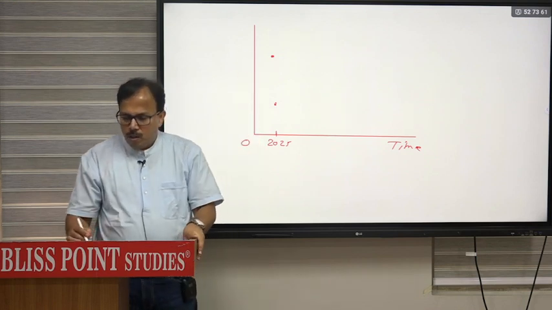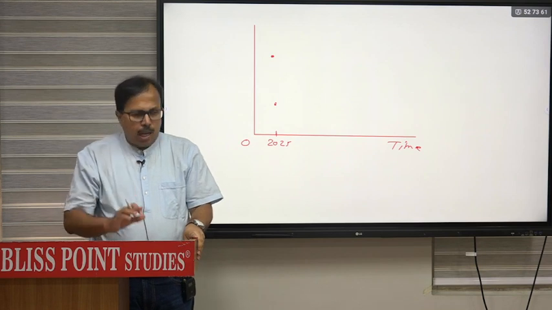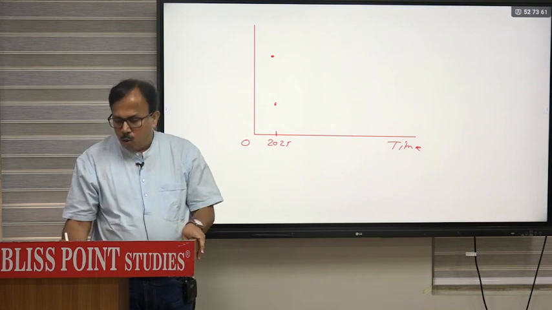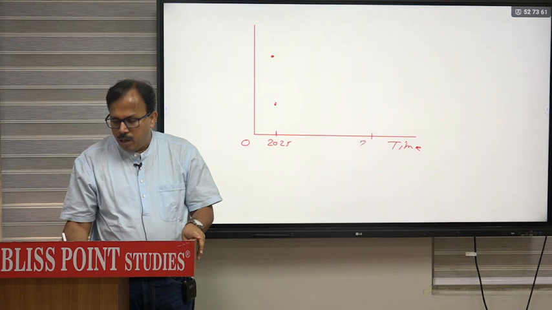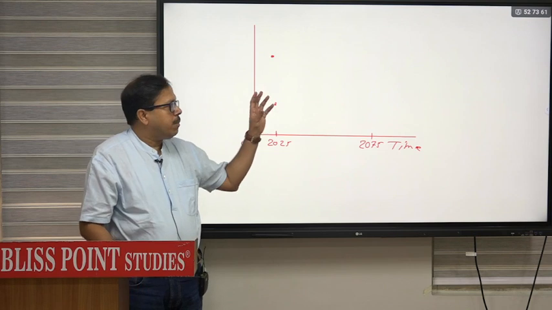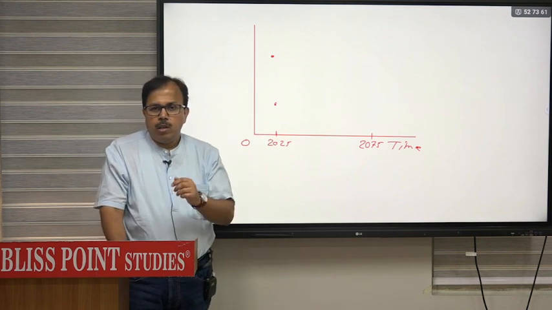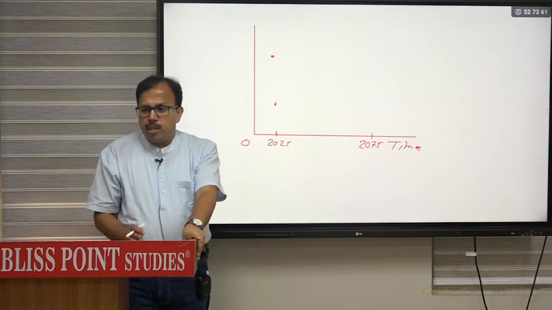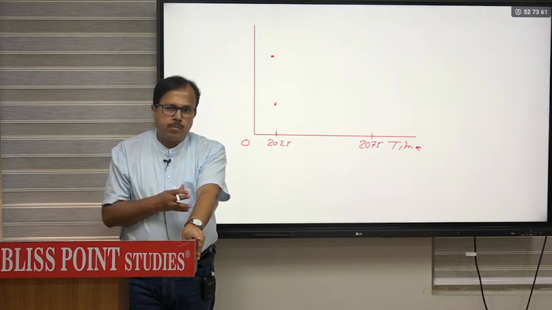That means we find this gap in 2025, over a period of time, let us say after 50 year 2075, whether that gap will remain same or whether it will narrow down. सोलो मॉडल का आर्गुमेंट कह रहा है कि कंट्रीज विल टेंड टू कन्वर्ज.